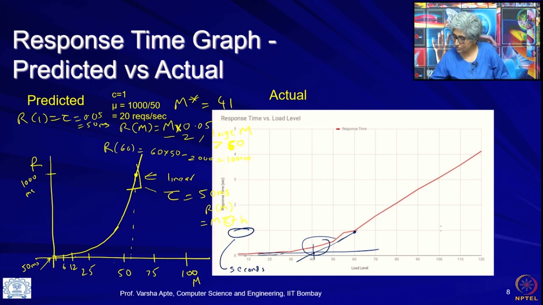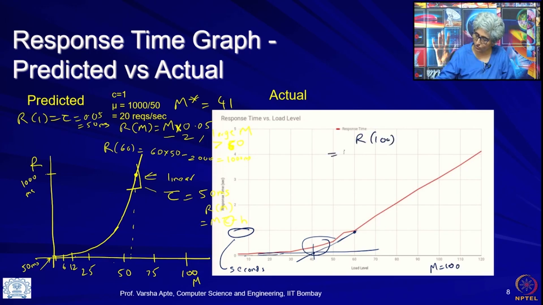We can actually also do the same calculation for m equal to 100. This is just showing this graph on a larger scale here and in seconds. So, let us do this for m equal to 100. So, R100 is equal to 100 multiplied by 50 minus 2000 in milliseconds. So, this is 5000 minus 2000.